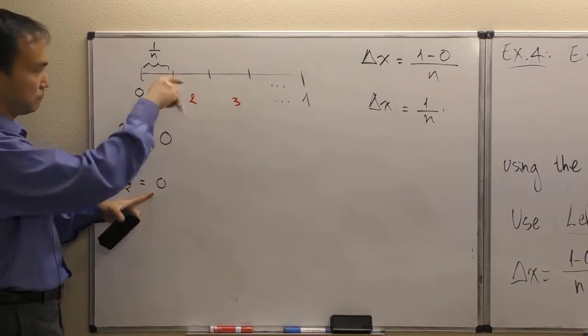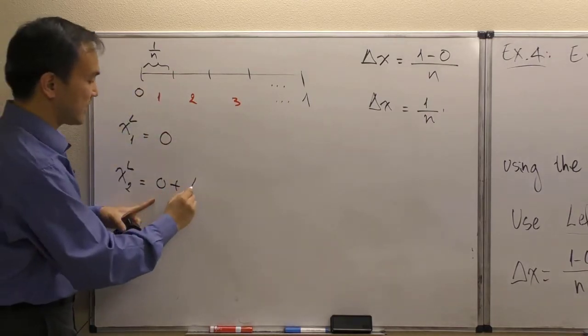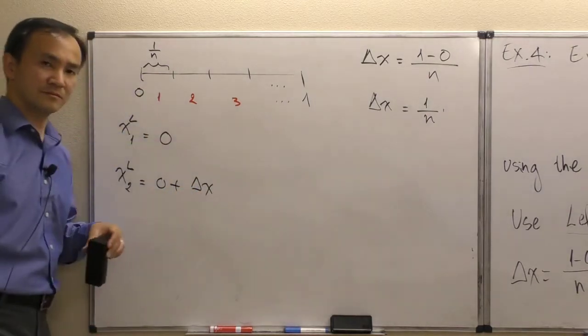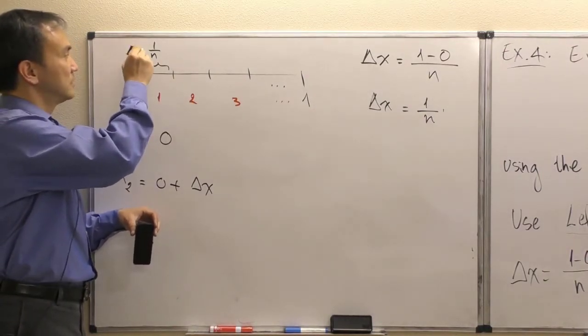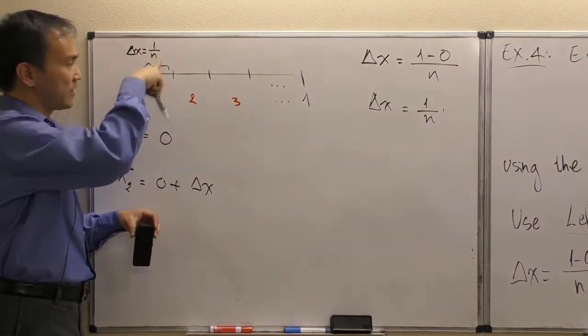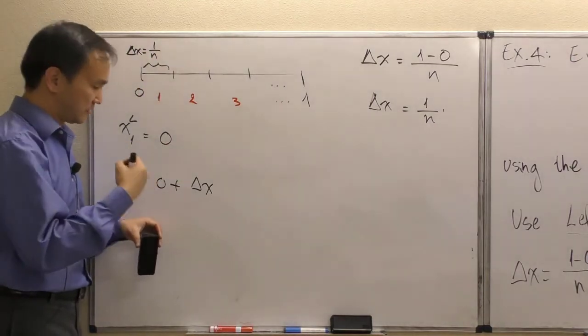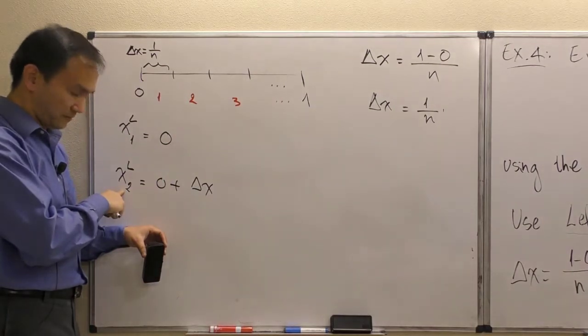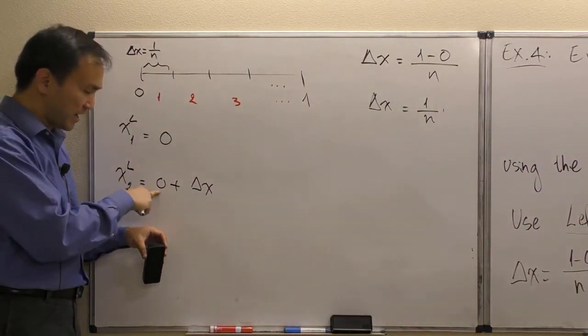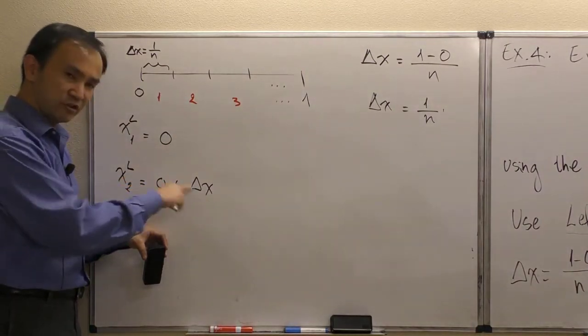The left endpoint on the second interval is going to be 0 plus 1 space of the delta x. Delta x currently equals 1 over n, but the generalization I would like to point out is that for the second interval, the left endpoint would be the starting point plus a delta x.